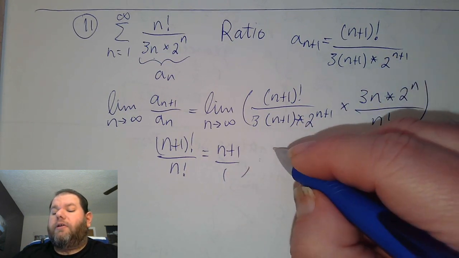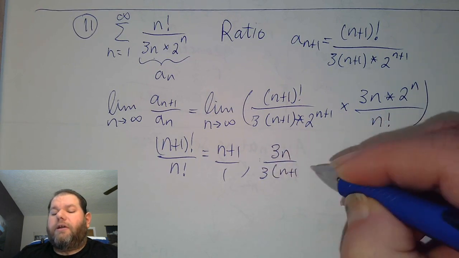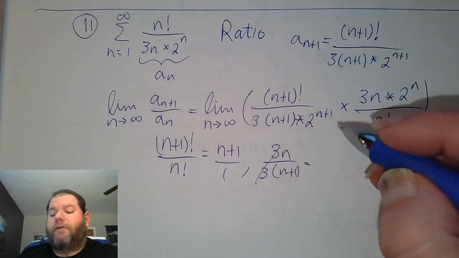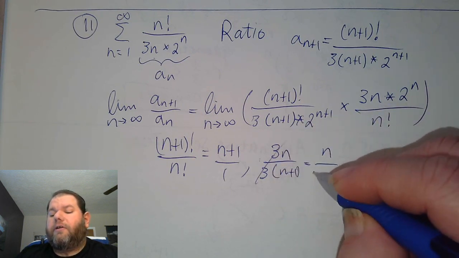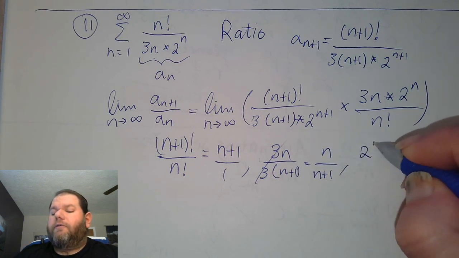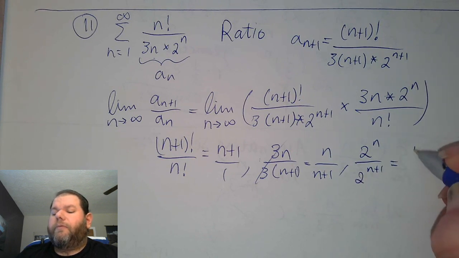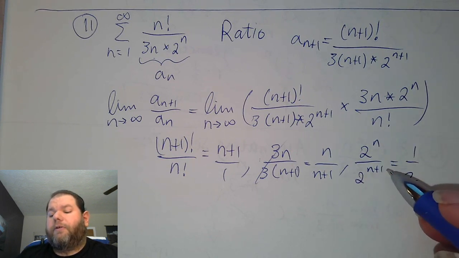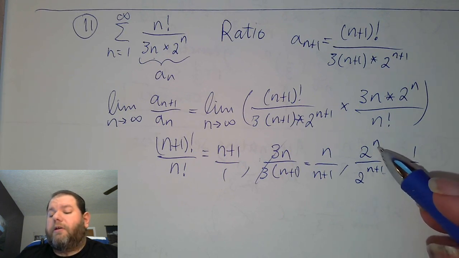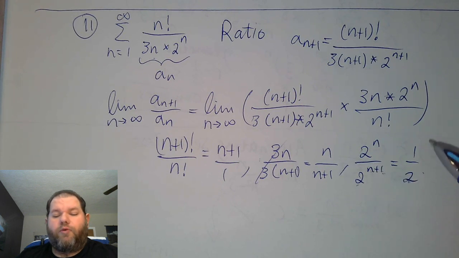Alright, 3n over 3 times n plus 1. Turns out we can actually cancel the 3's out of the equation. So this is n over n plus 1. And then 2 to the n over 2 to the n plus 1 is 1 over 2, because we have one more 2 on the bottom than we do on the top. So n takes away this n, but we still have 2 to the first down here. So it's 1 over 2.